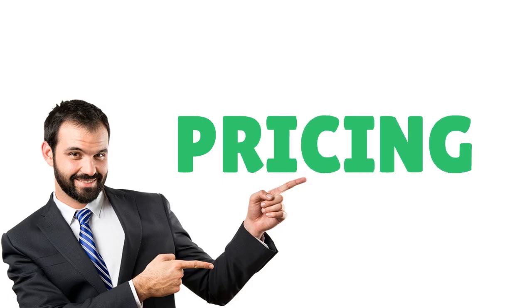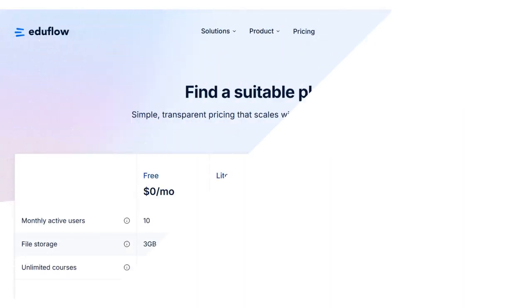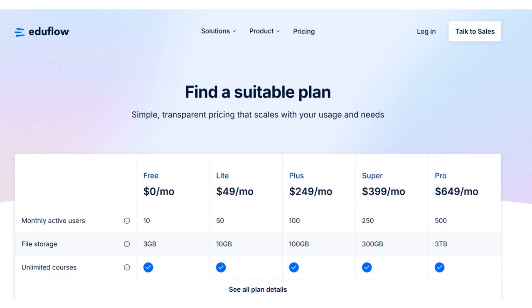So what about pricing? If you think about Eduflow versus Teachfloor, and we're comparing and contrasting those two platforms, let's think about pricing here. So basically, Eduflow's pricing model is as you can see on the screen. You have five tiers with Eduflow, from the free tier all the way to the pro tier.